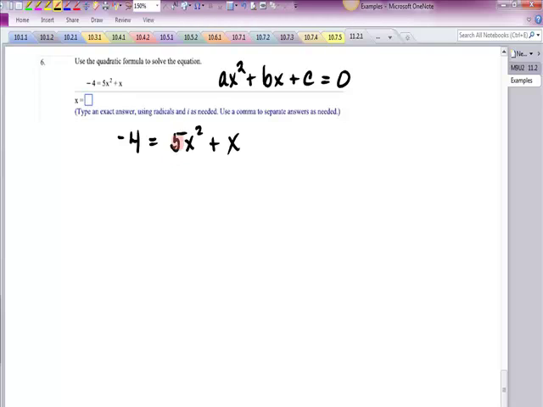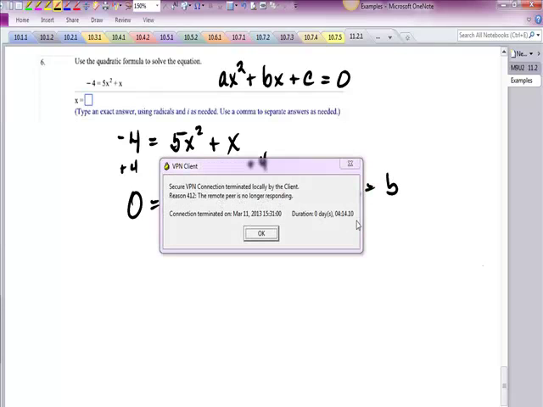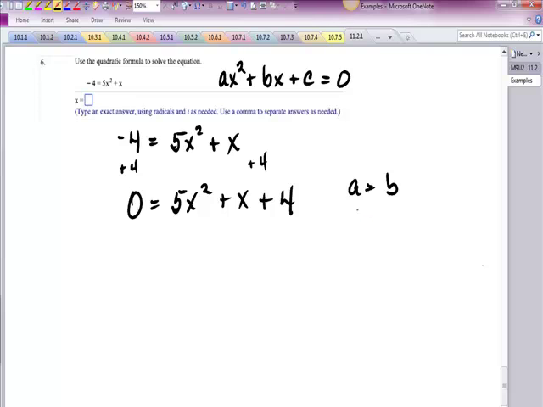Because this is positive right here, I'm just going to add 4 to both sides, and I get positive 5x squared plus x plus 4. So A is 5, whoops, A is 5, B is 1, C is 4.